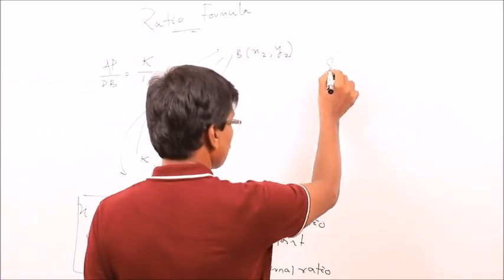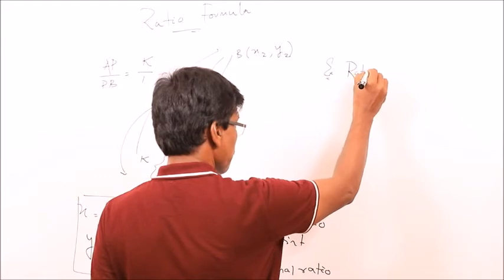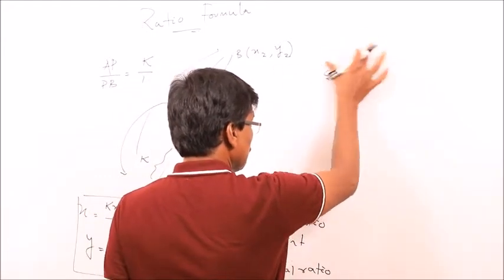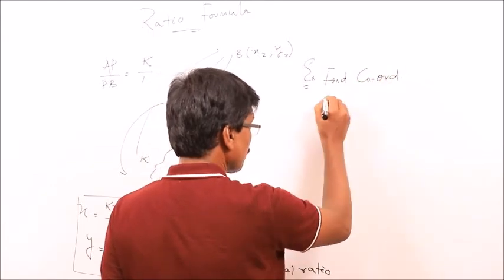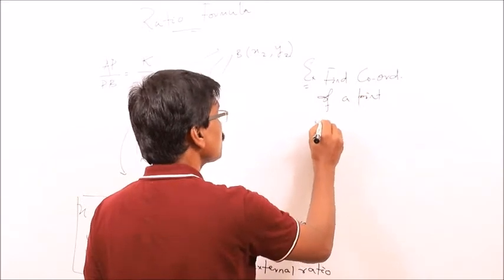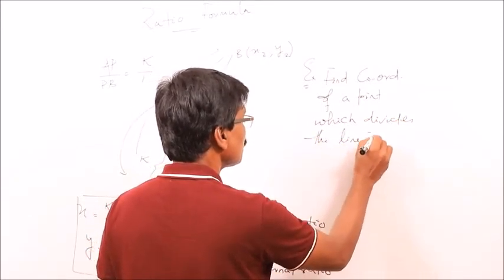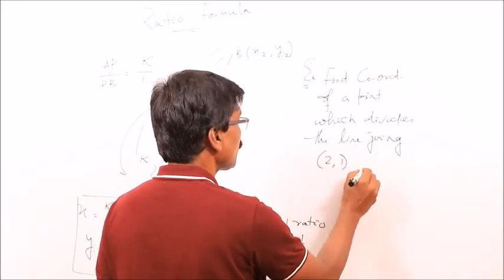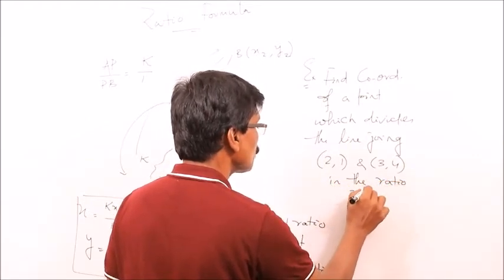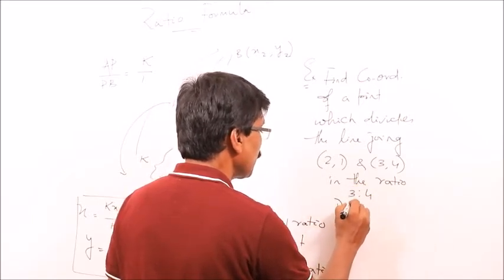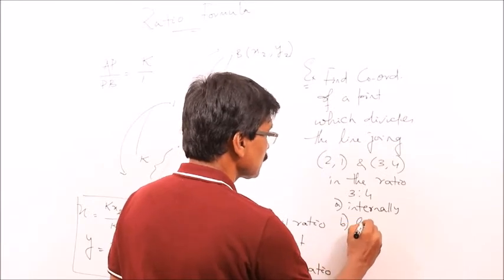Suppose we can take one example. Find coordinate of a point which divides the line joining 2 1 and 3 4 in the ratio 3:4 internally, and second one that is external.